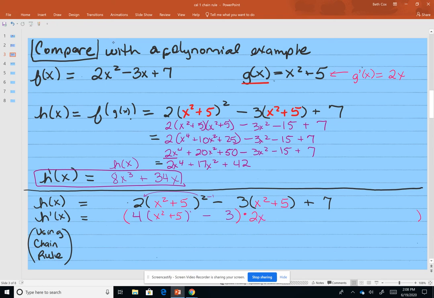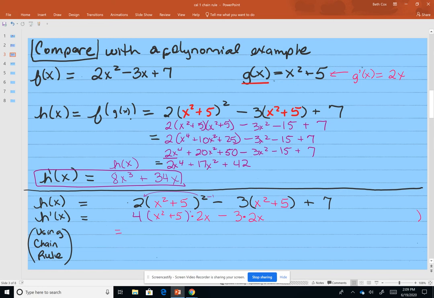Well, let's simplify this out. Hold on. So 2 times 2 is 4. My bad. 2 times 2 is 4. And then times the derivative of the inside function, minus 3 times the derivative of the inside function.